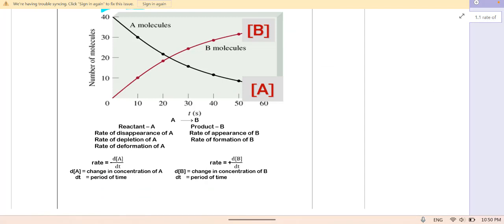Okay, next we will analyze this graph. A is the reactant, so over time, the concentration of A will be decreasing.